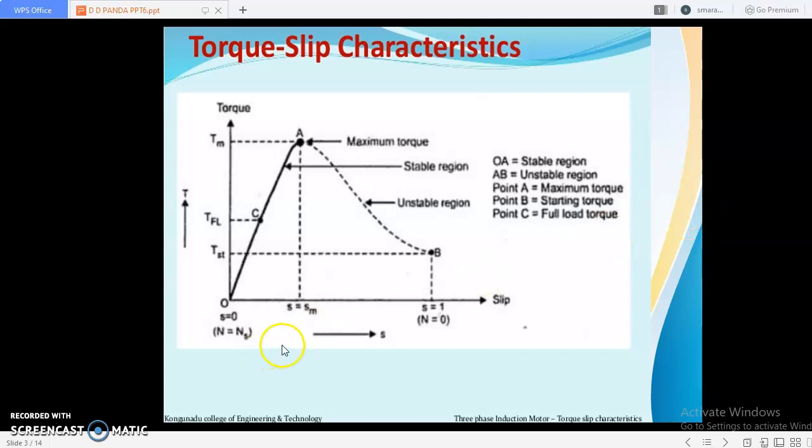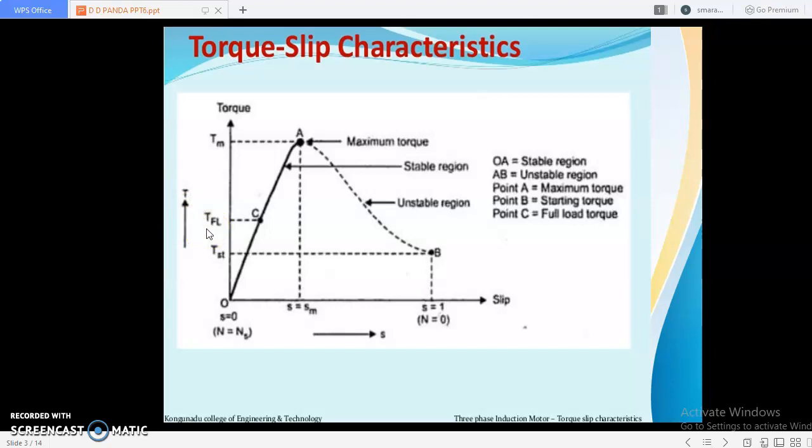So you can clearly see the diagram here. This is the x-axis, this is the y-axis. We have taken slip S on the x-axis and torque T on the y-axis.